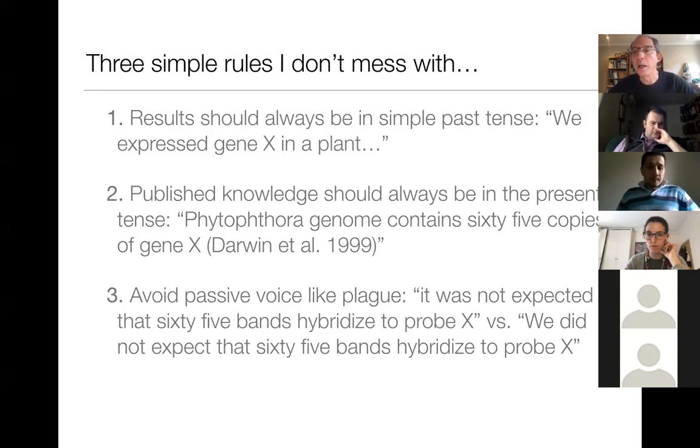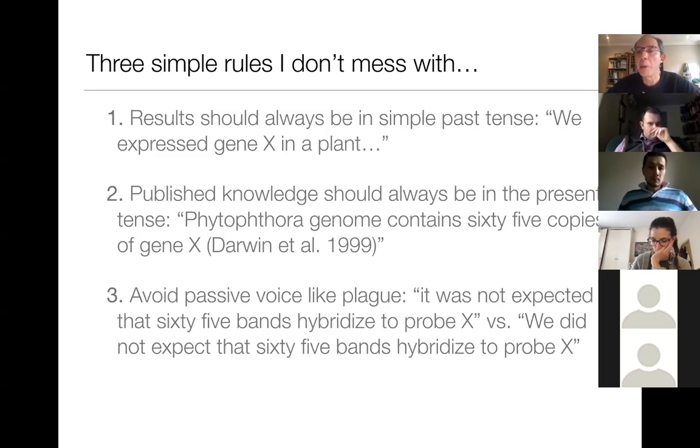So that's why you're basically being a little bit careful by writing in the past tense, because you're describing the experiments you did, you're describing the things you found, and not really assuming that they're already part of the knowledge base of science. So that's why we say we express gene X in the plant, or you don't say gene X is expressed in this plant or something like that. That would be for the next paper.